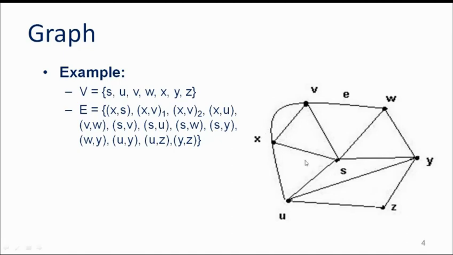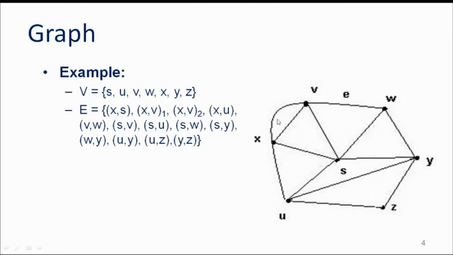So here are X comma V1 and X comma V2. Actually, there is no need to mention these different paths, because we can mention it in a single edge itself since it is undirectional. You can move from X to V or V to X, and this representation is also correct.